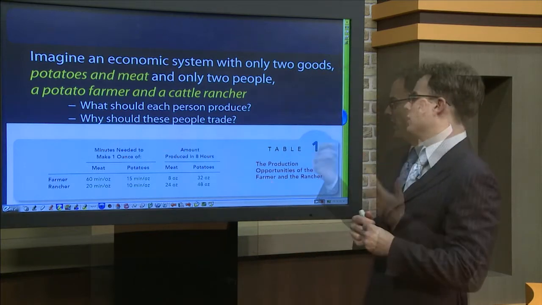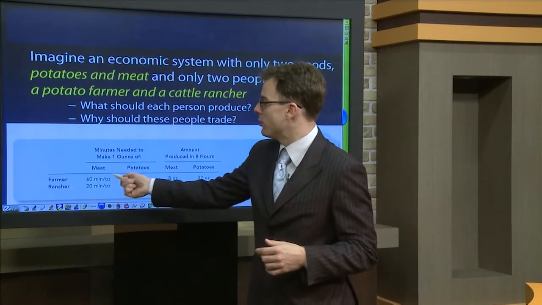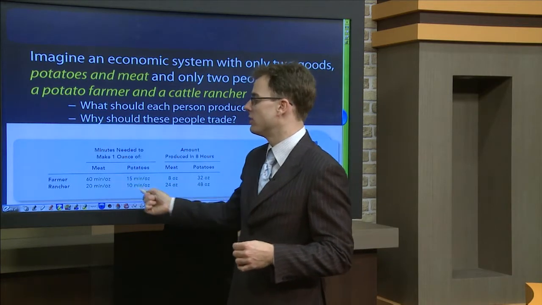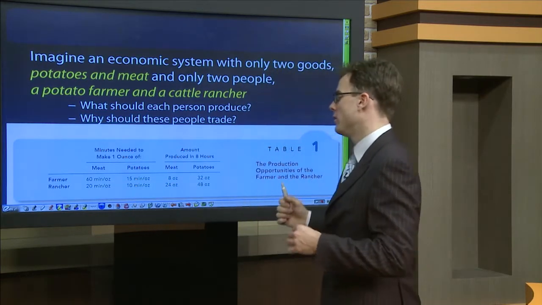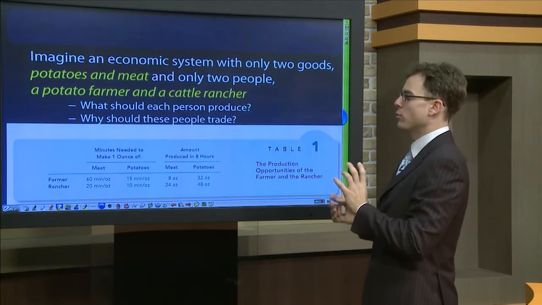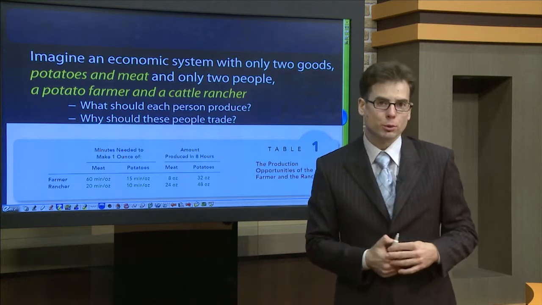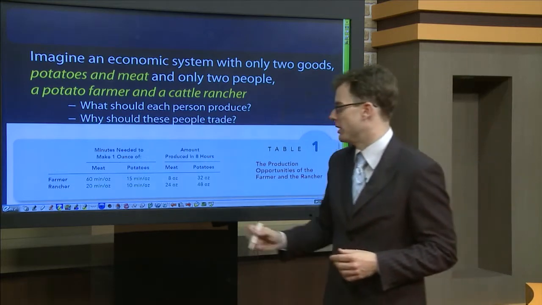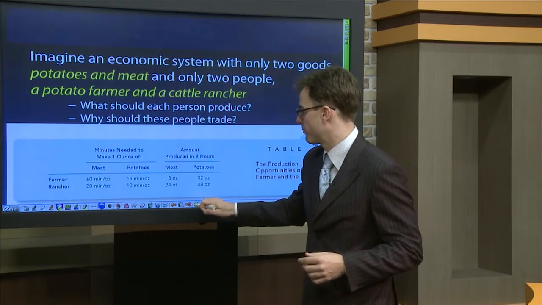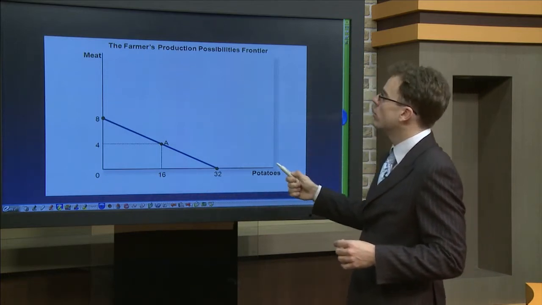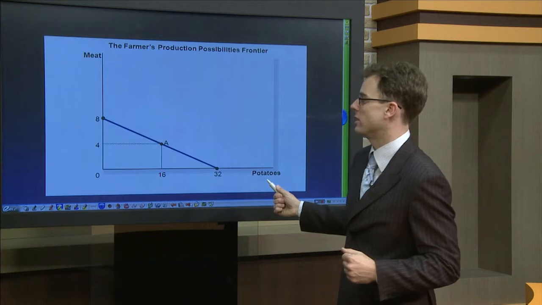And if this rate of these inputs is constant, here you should start thinking that with this available information, we can draw the two individuals' production possibilities frontiers. Okay? For a farmer, we would draw this production possibilities frontier.